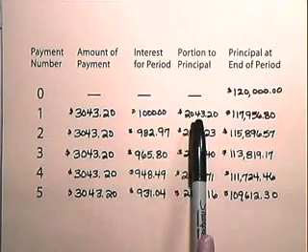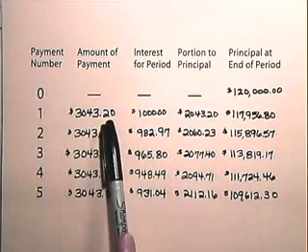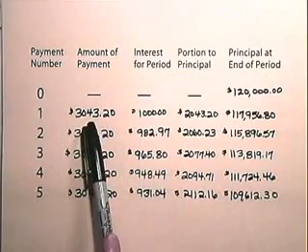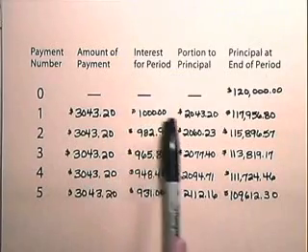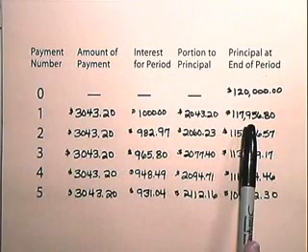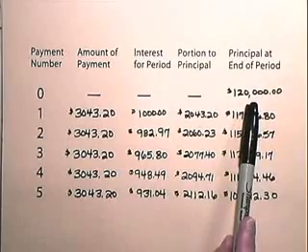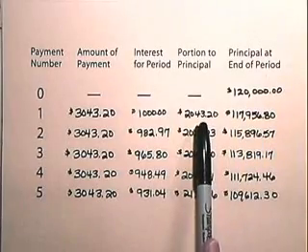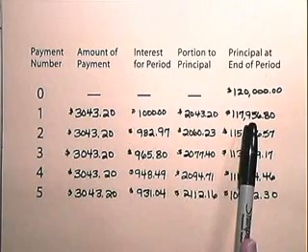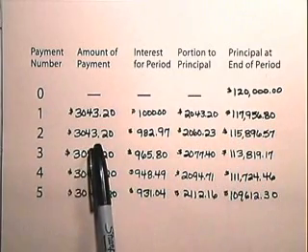So the portion that goes to the principal is the amount of the payment, subtract the portion that goes to the interest. $3,043.20 minus $1,000 is $2,043.20. And the principal at the end of the period is $120,000, subtract $2,043.20, which gives us $117,956.80.